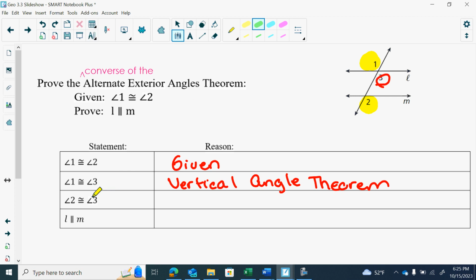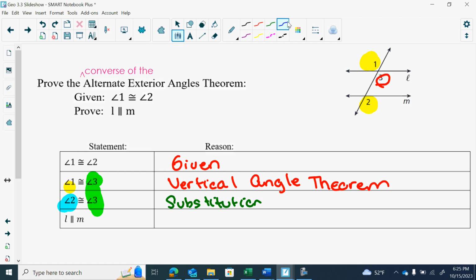So what I'm going to do is, we have angle 1 is congruent to angle 2, and then we have angle 1 is congruent to angle 3. I'm going to substitute angle 3 with angle 2. So I'm going to say substitution, but please know, if you write transitive property of congruence, I'm not going to count you as wrong.